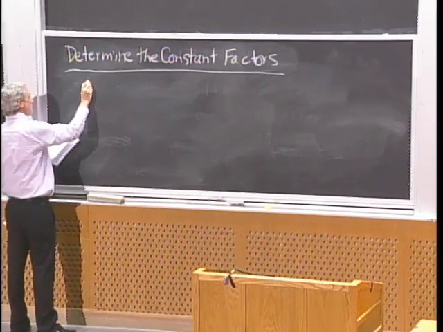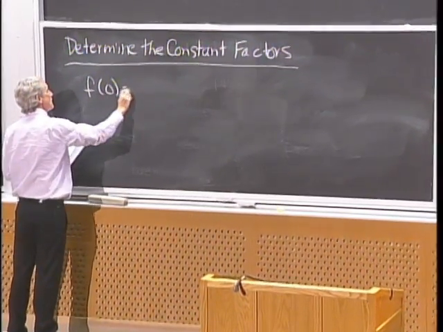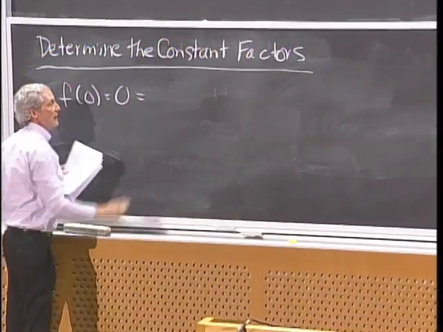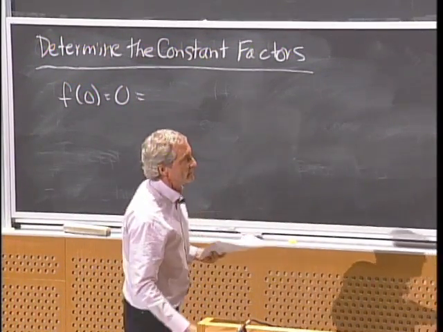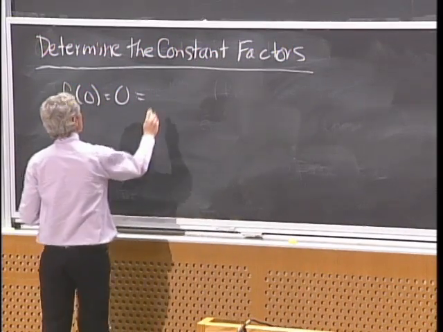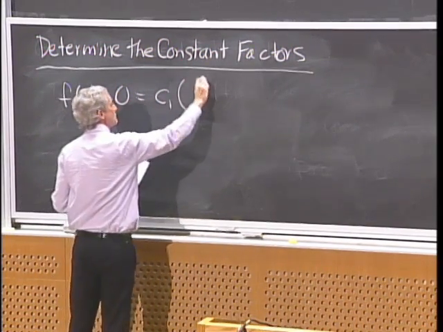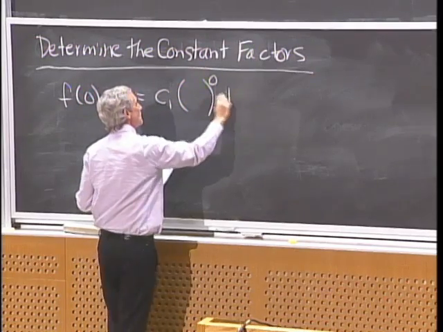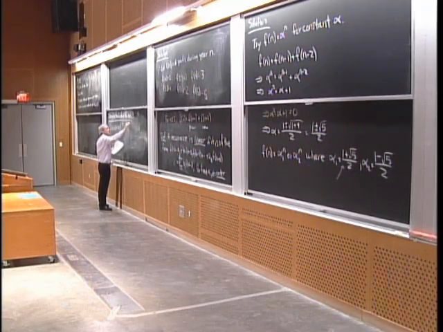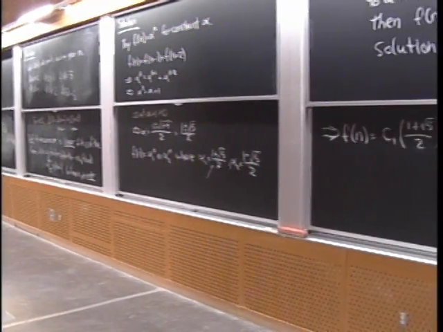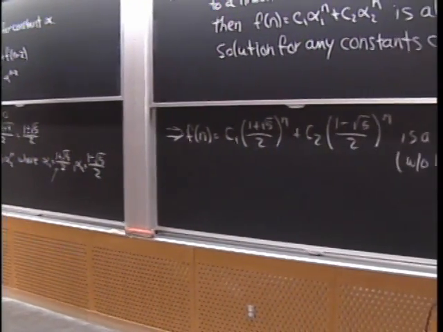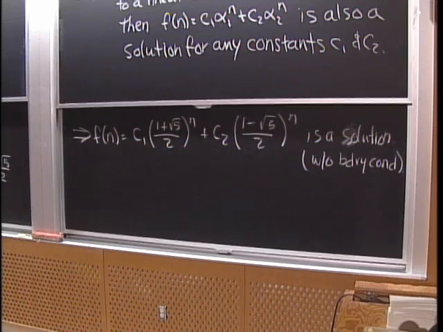So we have f of 0 equals 0 from the boundary condition, and now we plug that into our formula over there. That's c1 times alpha 1 to the 0 plus c2 alpha 2 to the 0. Of course, anything to the 0 is just 1. And that means that c2 equals minus c1.